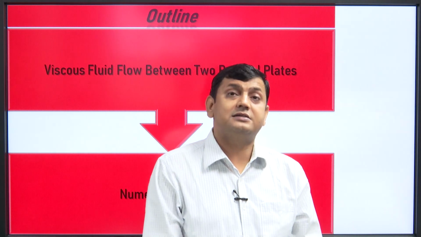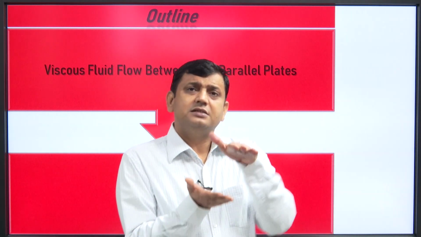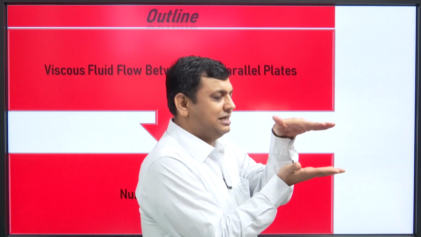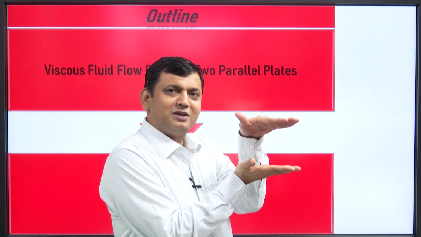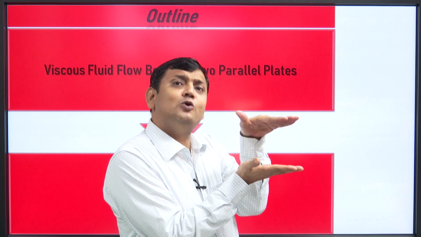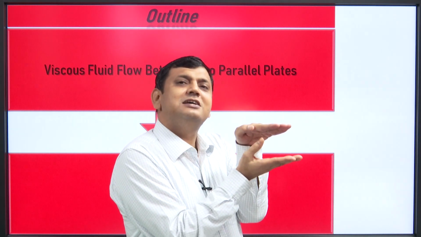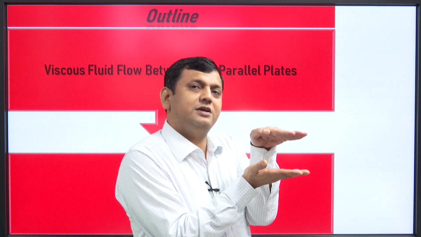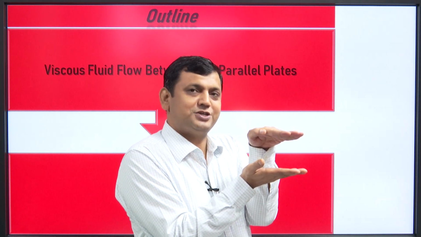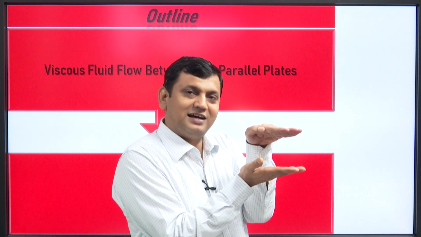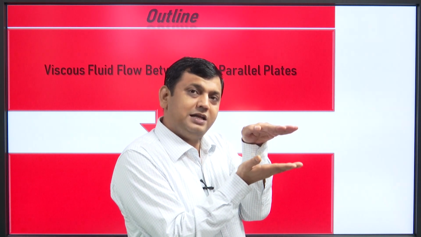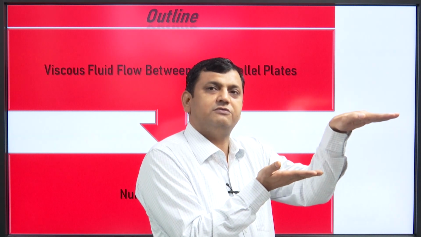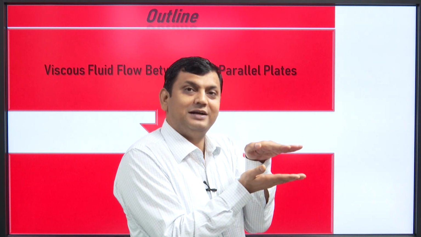But in the case of plates, suppose this is the plate and fluid is flowing inside. What is the condition? Condition one is when both plates are fixed, lower and upper plate are fixed, and fluid is flowing. What is the velocity distribution? What is the shear distribution? Another, when the lower plate is fixed and the upper is moving with the same velocity as the fluid, what is the pattern?